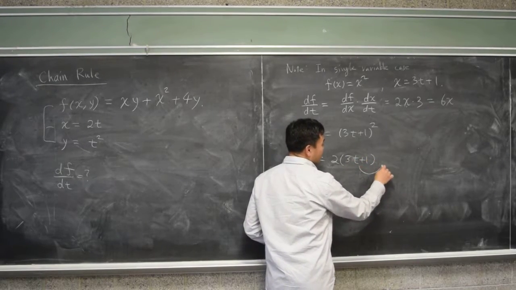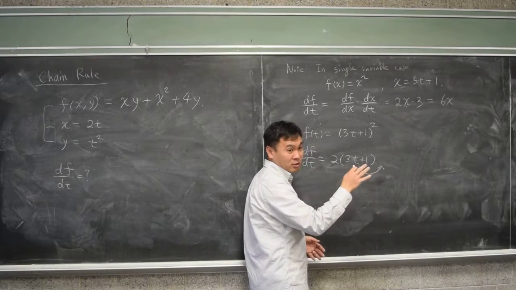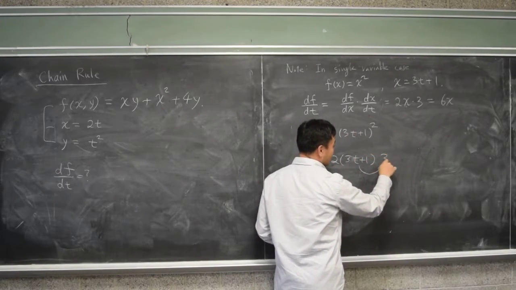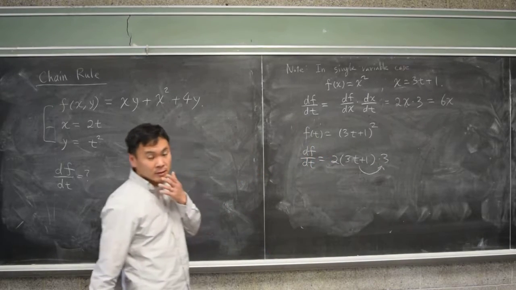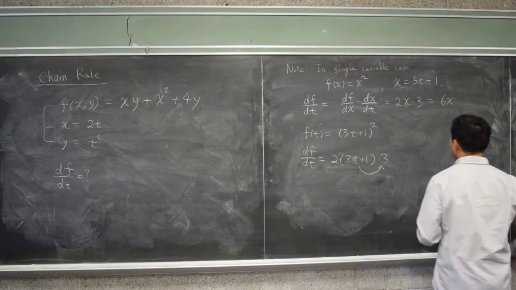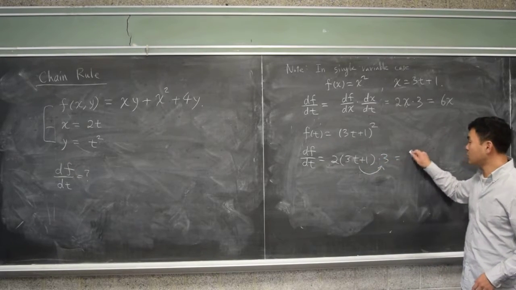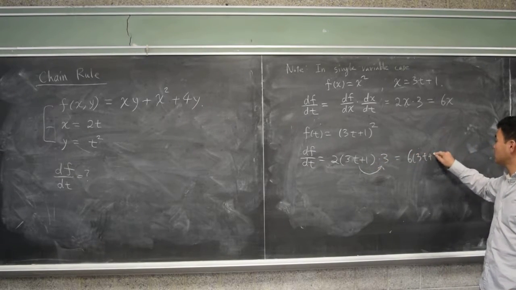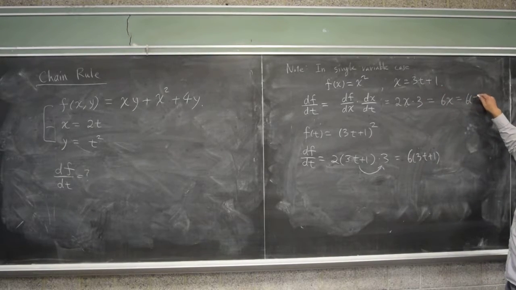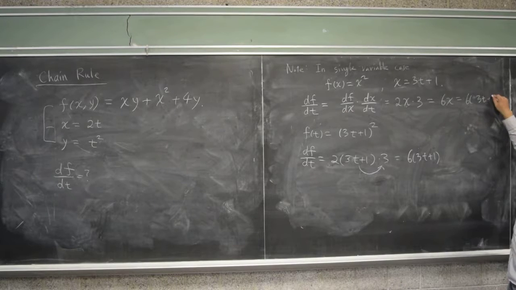And then you pull the inside out and you differentiate that. So 3t plus 1, if you pull it out and differentiate, you get 3, right? Now, why are these the same? Well, first 3 times 2 is 6. And x is 3t plus 1, so it's 6 times 3t plus 1. So they're the same thing.